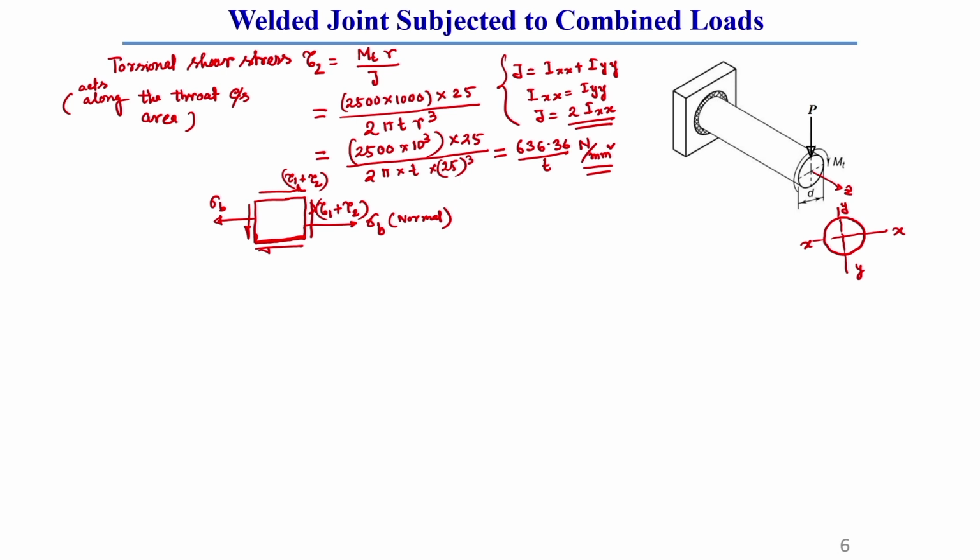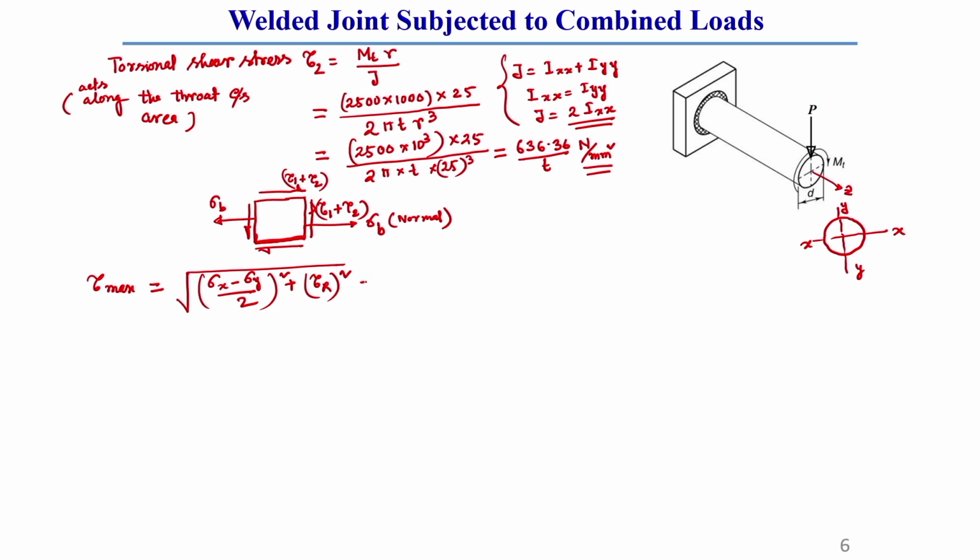Now, if the state of stress in the 2D case is plane stress like this, then our maximum shear stress we can write as the square root of sigma x minus sigma y by 2 whole square plus tau resultant square.